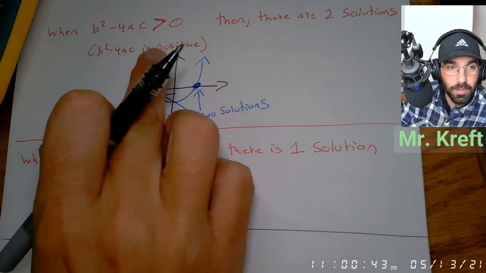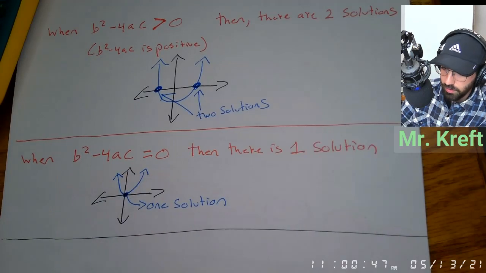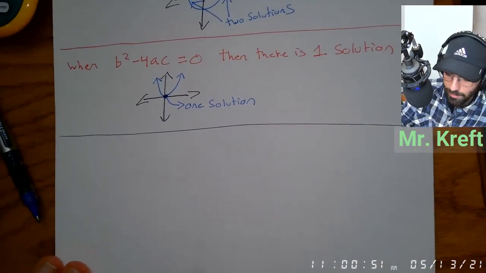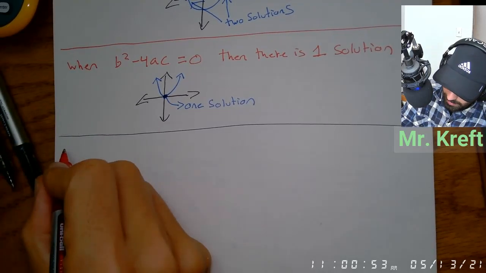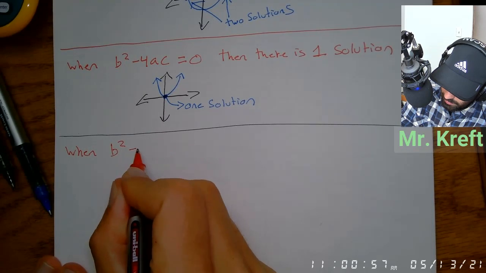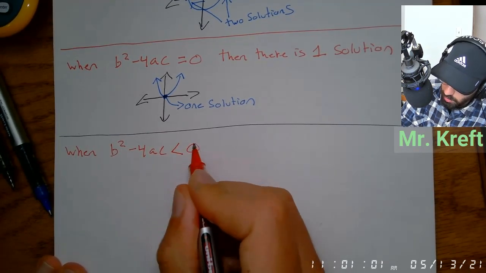So we have the discriminant is greater than 0, and the discriminant is equal to 0. I bet you guys could guess what the next one is going to be, because we have a pattern going here. That is when the discriminant is less than 0.